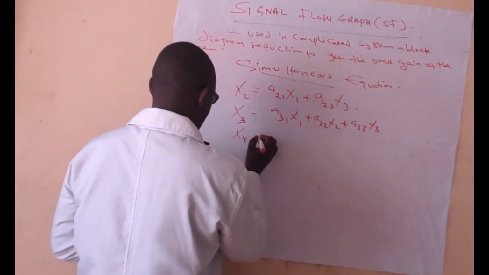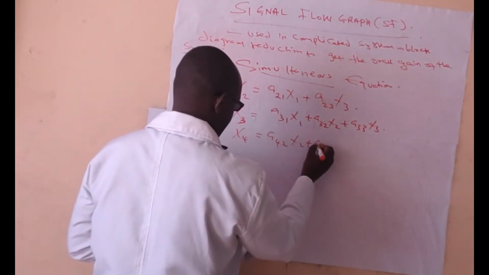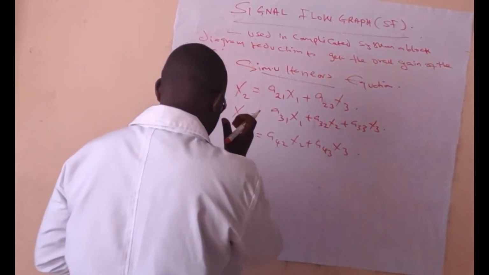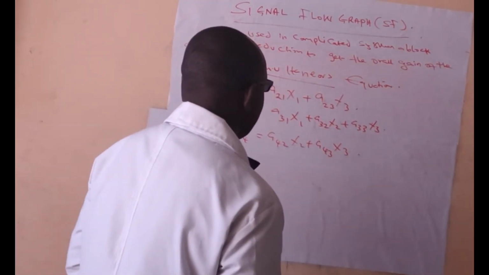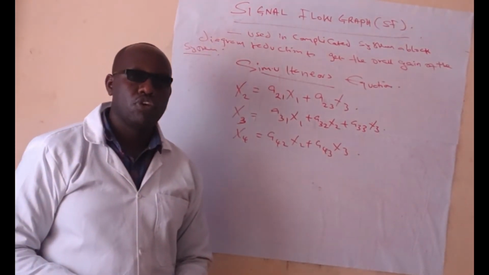Lastly, x4 equals a42 x2 plus a43 x3. Then you are told to draw the signal flow graph.